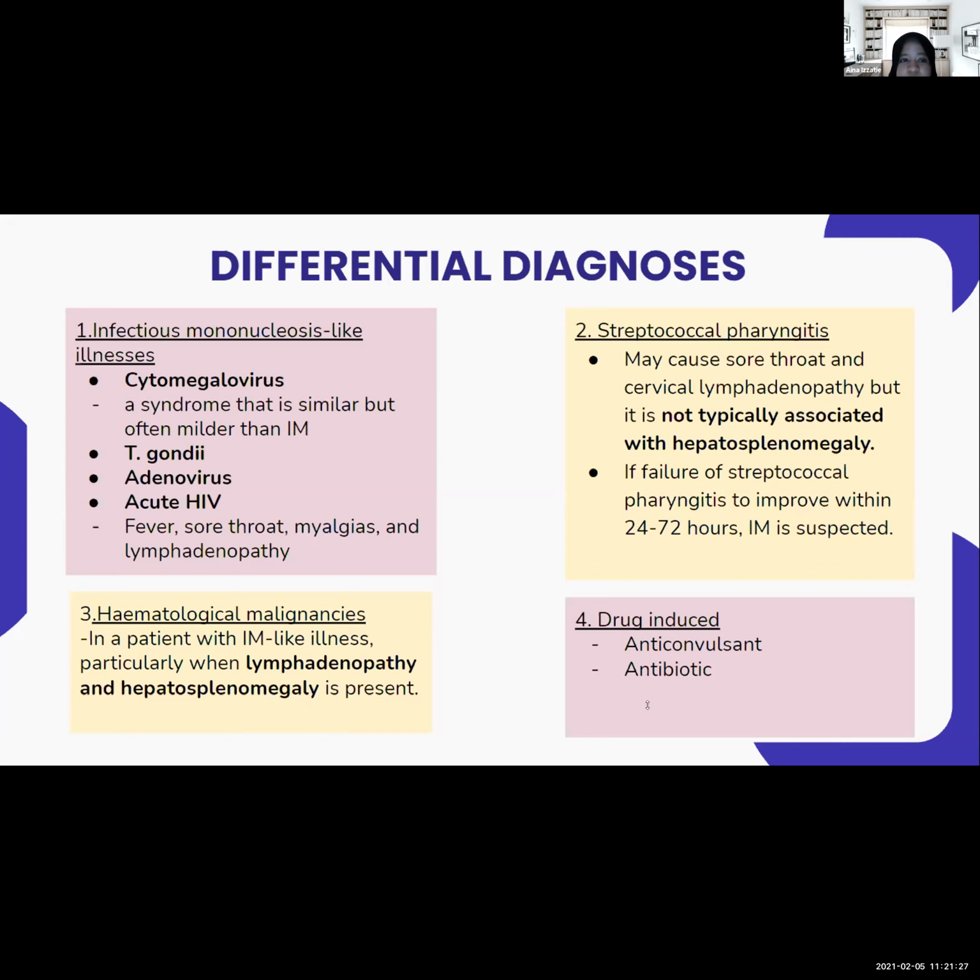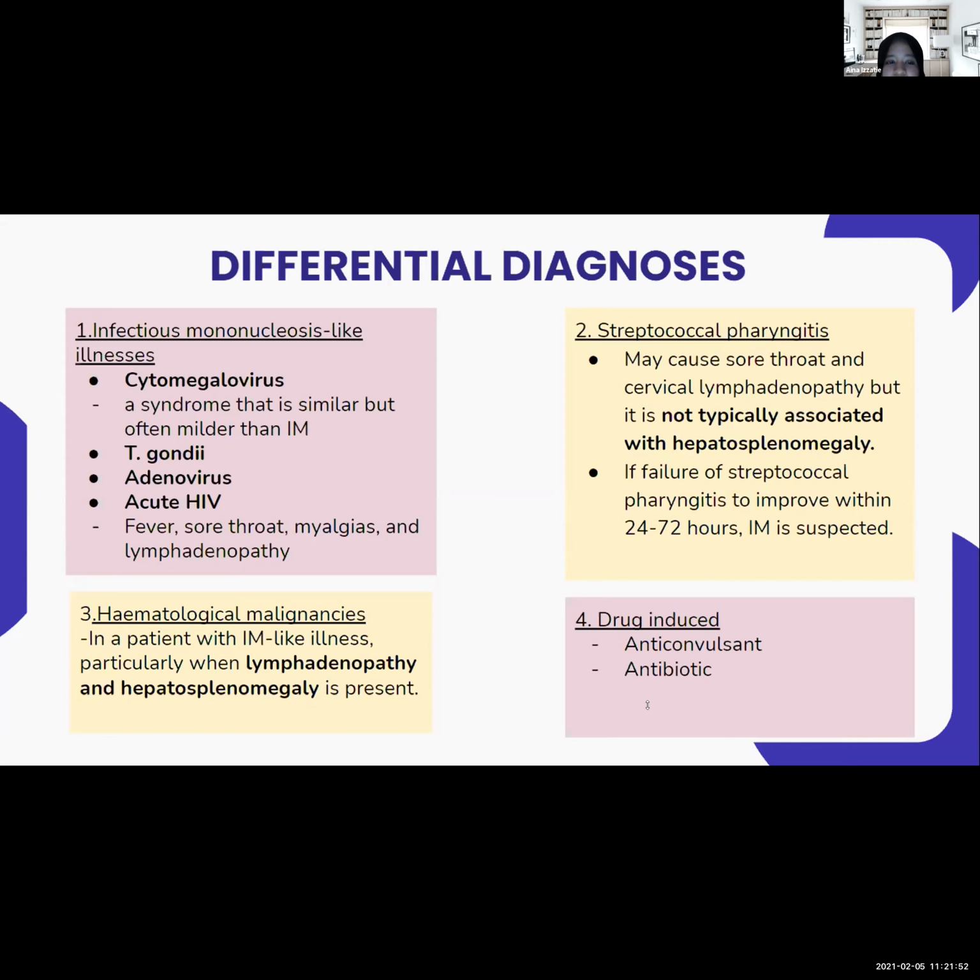The first one is infectious mononucleosis-like illnesses due to pathogens such as cytomegalovirus, Toxoplasma gondii, adenovirus, and also acute HIV infection. For this, we need to take note of the presence of any other specific signs and symptoms in addition to the common signs and symptoms of this certain disease.